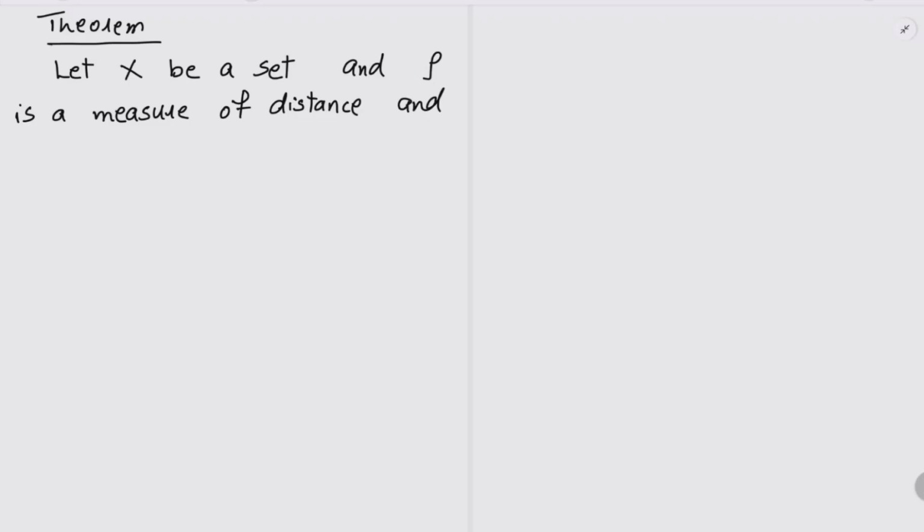And suppose we have a set A, which is a subset of X, and a centroid. Centroid is important in clustering, and we find this centroid on set A that belongs to X, and this centroid exists.